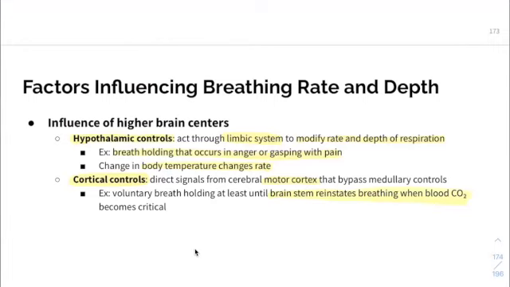That brainstem is what causes you to start breathing again when you've been holding your breath, because we need to get oxygen into our system. So that's why you can only hold your breath for so long. I know people train to try to hold their breath longer, but technically you can really only hold your breath for so long before that midbrain or that brainstem actually comes in and says, hey, stop it, let's breathe.